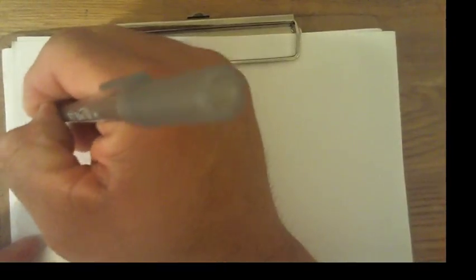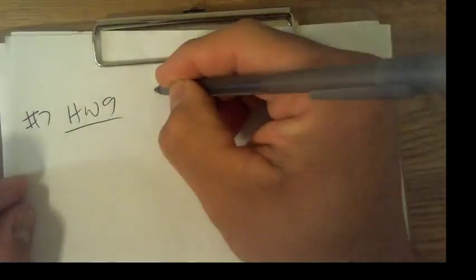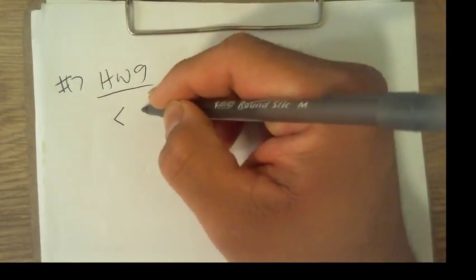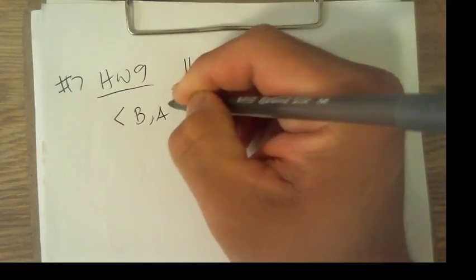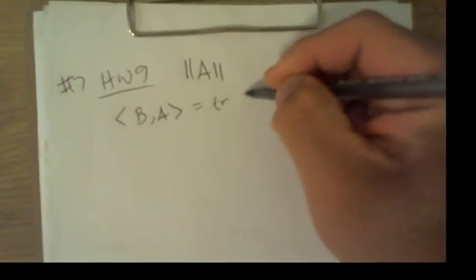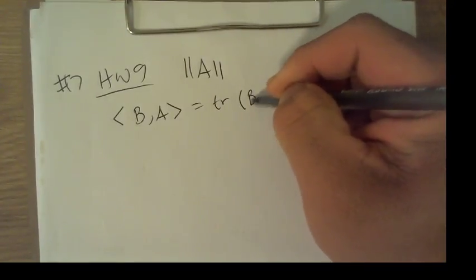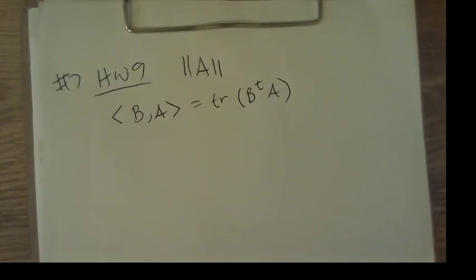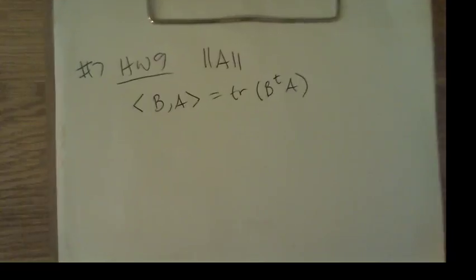Number 7 on homework 9, we're asked to calculate the norm of A, given the above inner product, right? So that means that what we define here to be the trace. Okay, so we'll use that inner product from above.